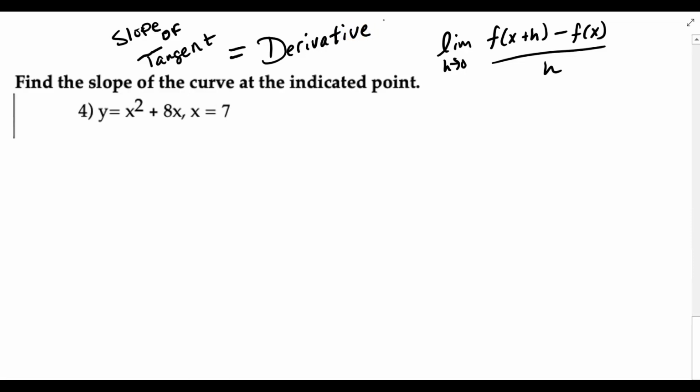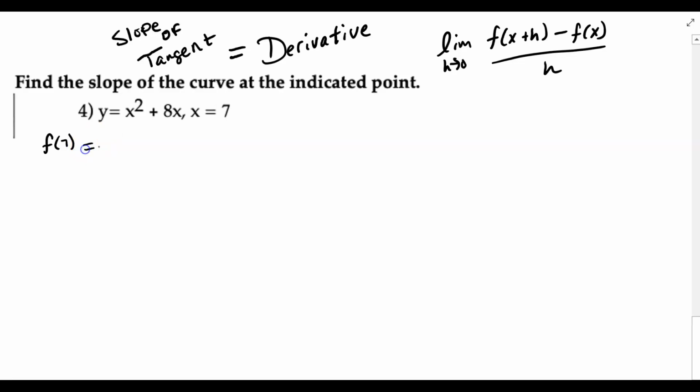And what we're going to do is use the definition of the derivative, which is the limit of the difference quotient right here. We know that we have y equals x squared plus 8x, and we're investigating at x equals 7. So what we first need to do is find f of 7.